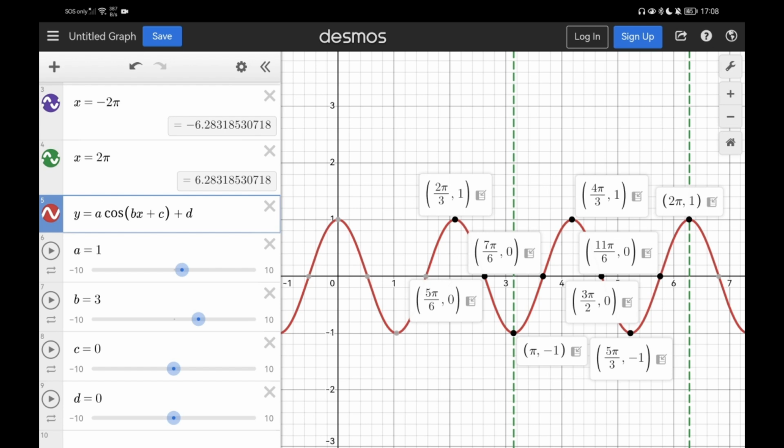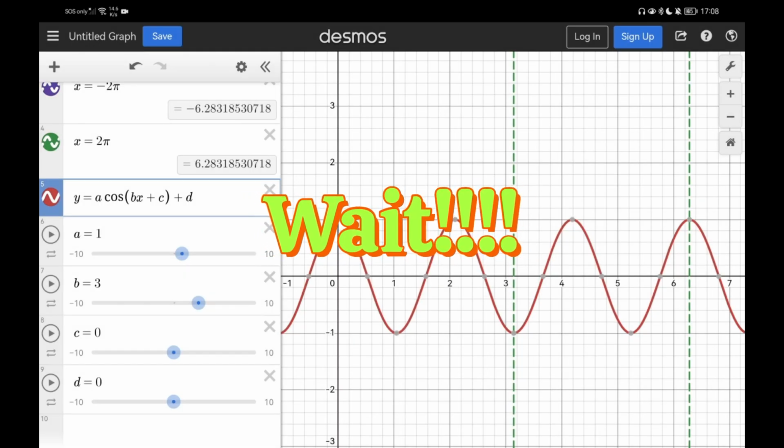So let's move on to the transformation for the tangent graphs. Oh wait, sorry, I missed something.